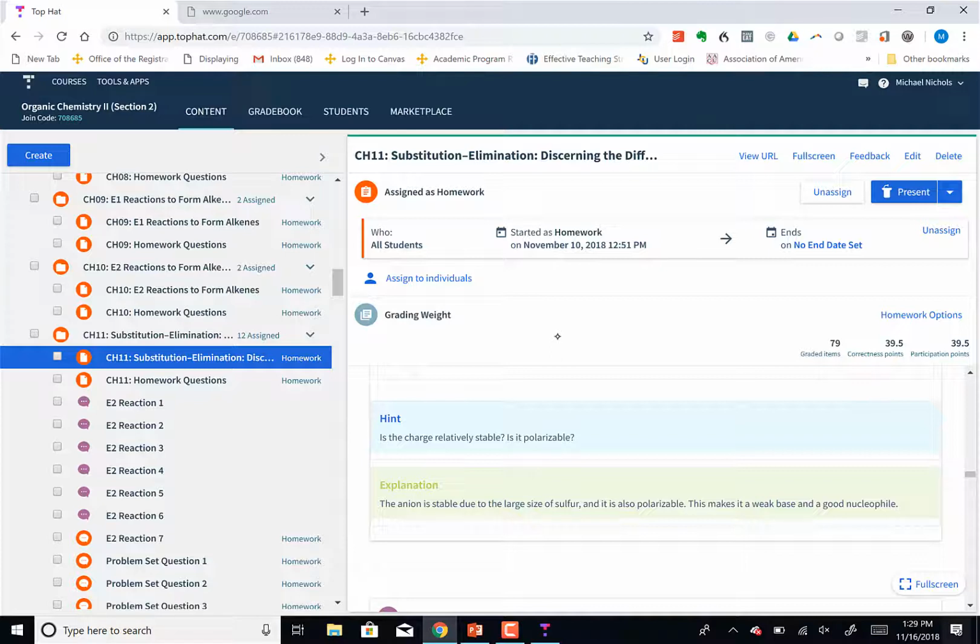It's stronger than a halogen. So I might have to go in, and I don't think I can change the answer, but I can go in and give credit for that when I look at this after Thanksgiving. Somebody will have to remind me of that.